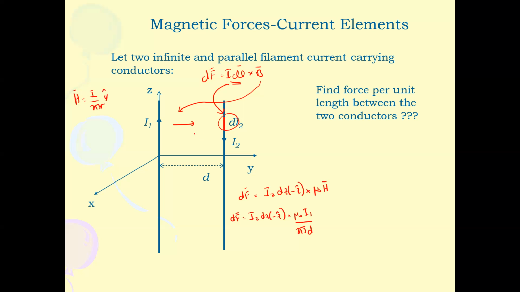In this particular case, since the perpendicular distance from I1 to this element is given by d, we can just substitute R equals d.